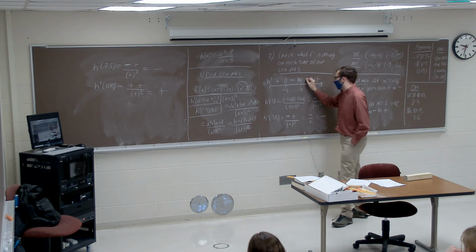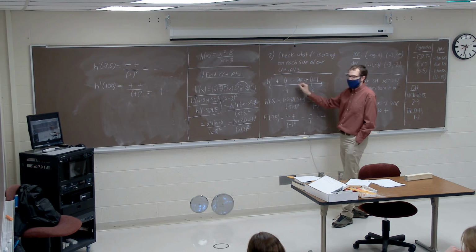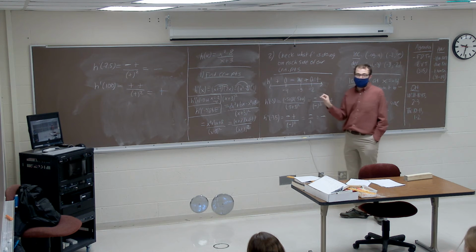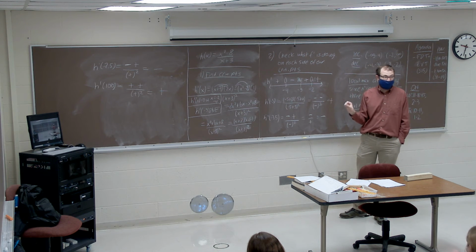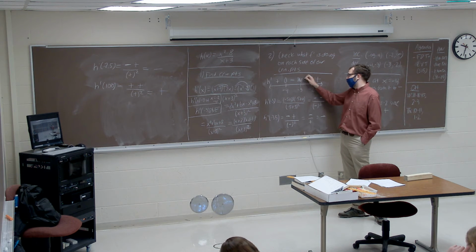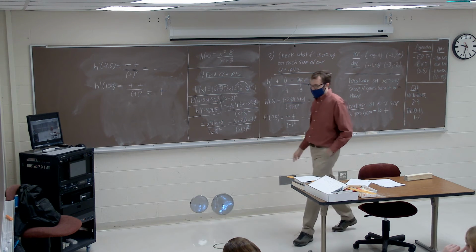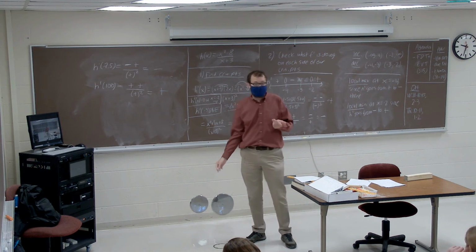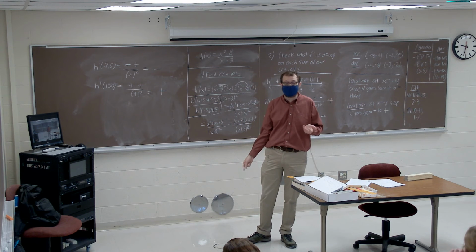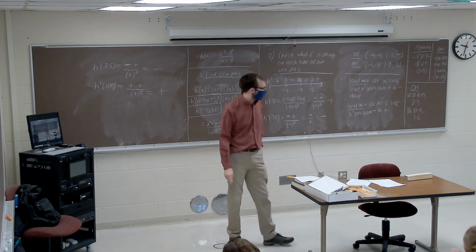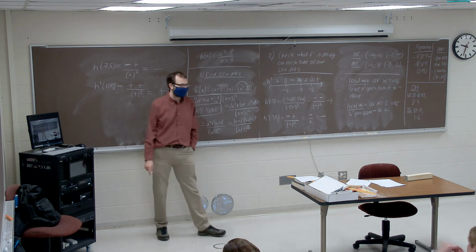So technically, if something like this had happened, we still wouldn't have a local min at negative 3, because in order to have a local max or a local min, your function needs to actually be defined at that point. And in this case, at negative 3, it isn't even defined. So there are two reasons why we don't have a local max or a local min happening at x equals negative 3.